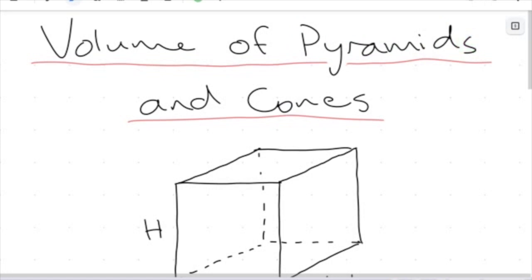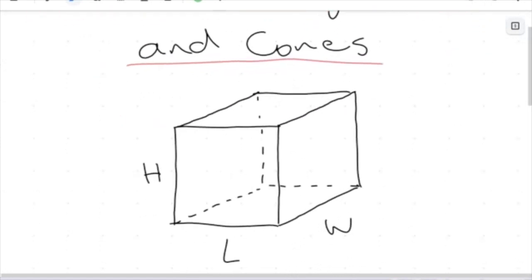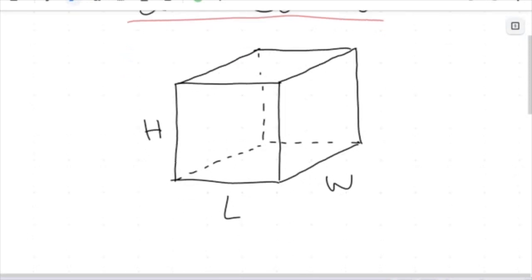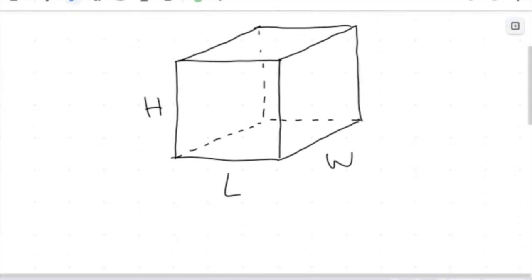Now, these two work in a very similar way. And I'm going to demonstrate this with just this little diagram I have here, as well as a little animation on GeoGebra, so you guys can hopefully wrap your heads around this and see how we come up with this formula in the first place.